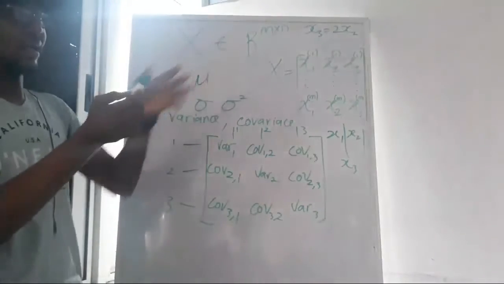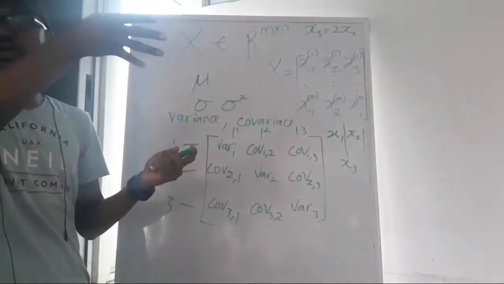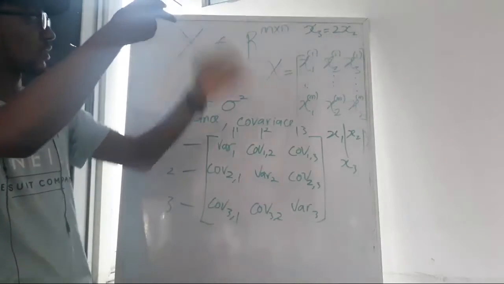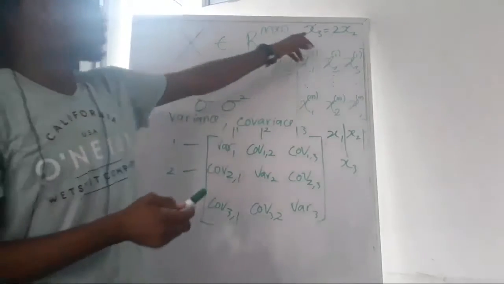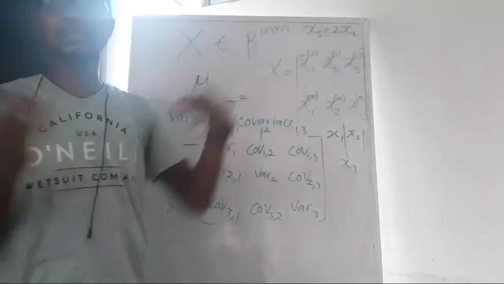The last feature was redundant because it was a multiple of the second feature. So these two features are highly correlated.